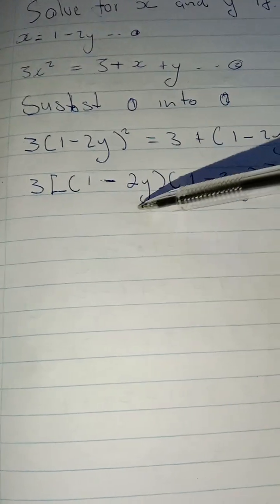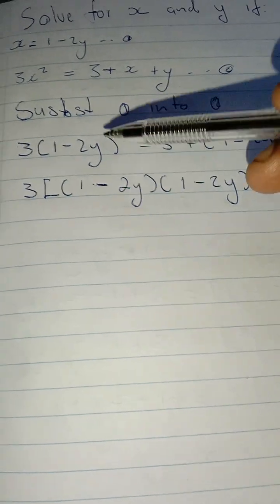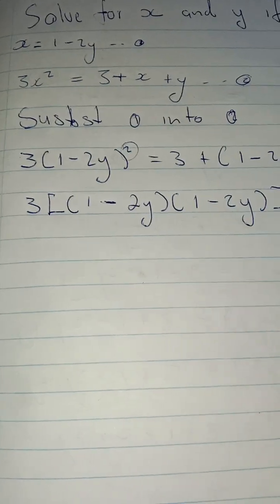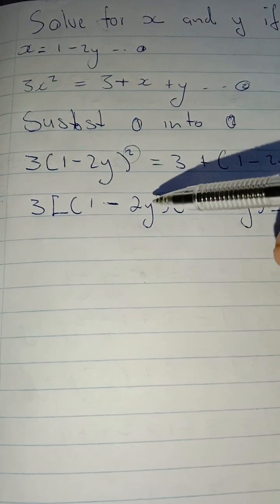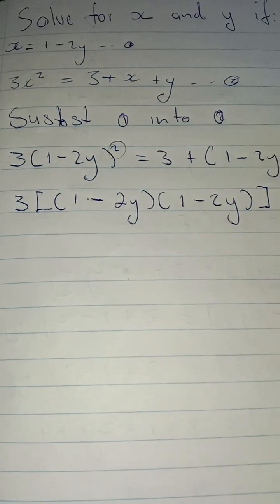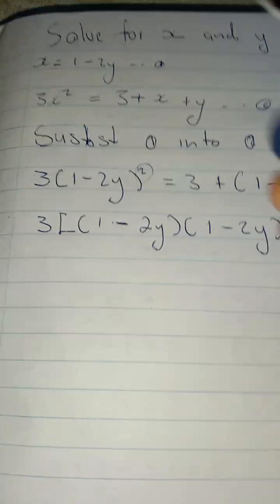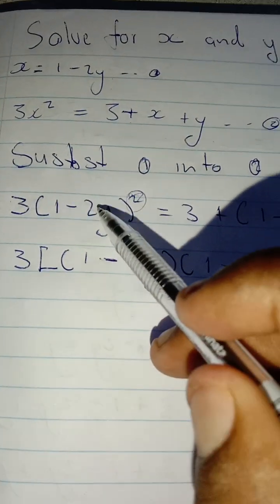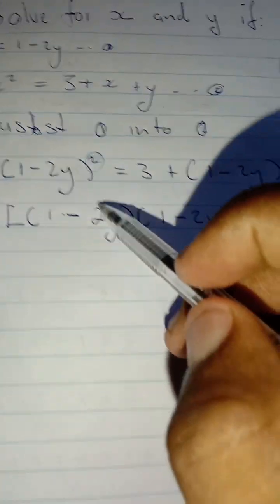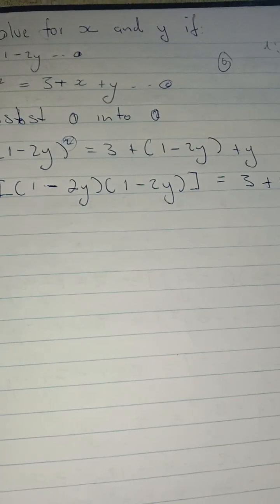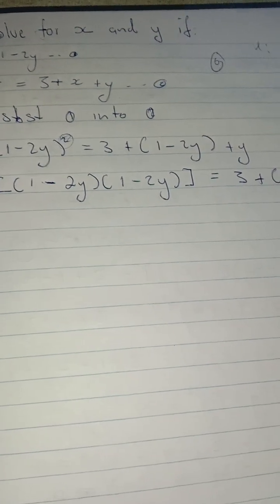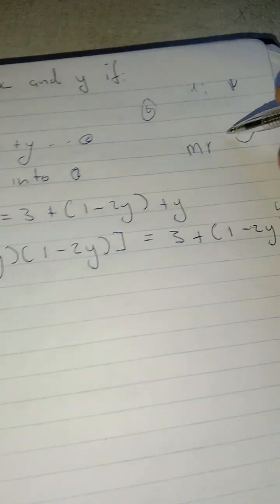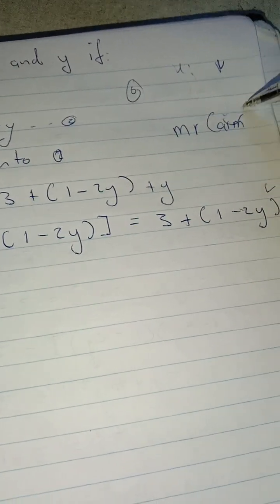So here I repeated the bracket because it's squared. Where you see this squared, you're gonna repeat that thing. You're gonna repeat it. Where you see squared, you repeat the same bracket. For instance, let's say my name is Mr. Carmbi.